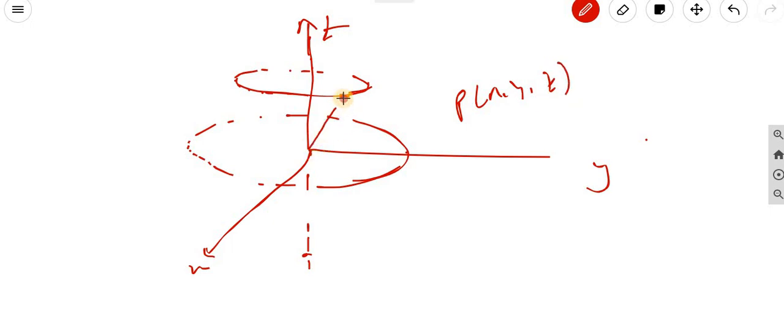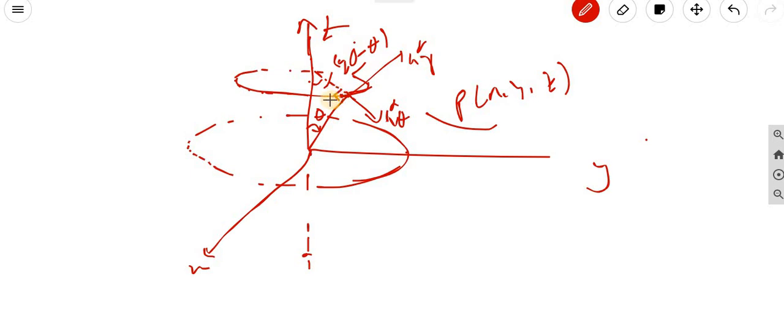From this point, this is R, and between this and this, in this way, this is the angle theta. So if you see that this is theta, then this angle is 90 degrees minus theta.